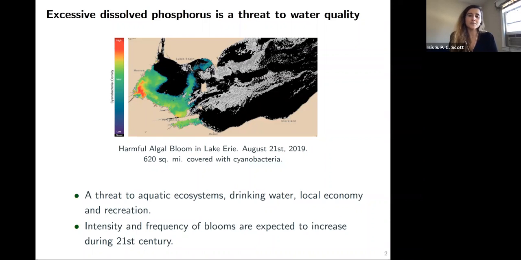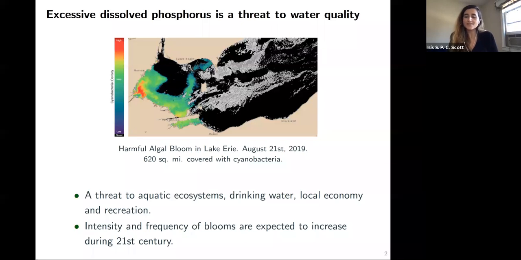It is showing a picture on August of 2019 when 620 square miles of the lake were covered with cyanobacteria. And this is not only a threat to water quality, but is also a threat to the aquatic ecosystems, to drinking water supply, to the local economy and recreation activities.